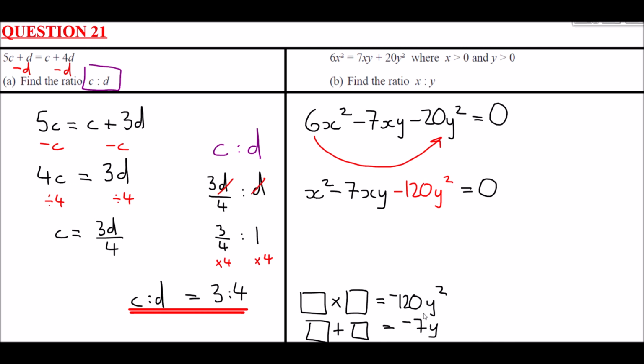So treat them as numbers first of all, then just tag a y at the end of them. So what two numbers would multiply together to give minus 120, but add up to give minus 7? Well, the two numbers that would work there would be 8 and minus 15. So we could have 8 and minus 15.